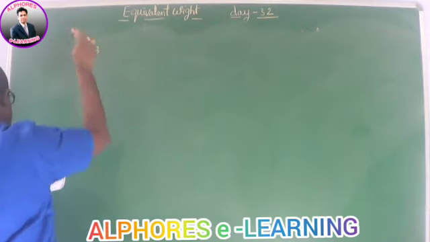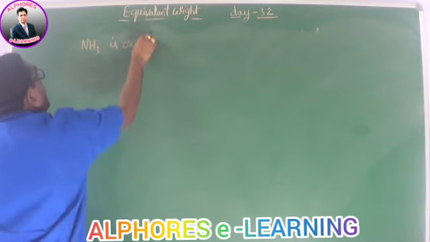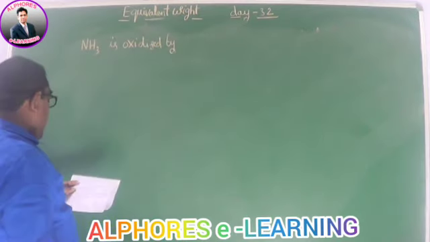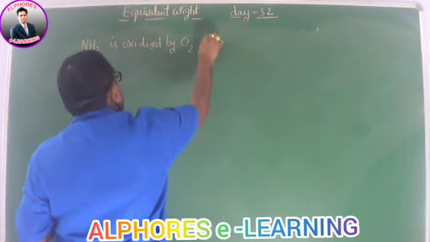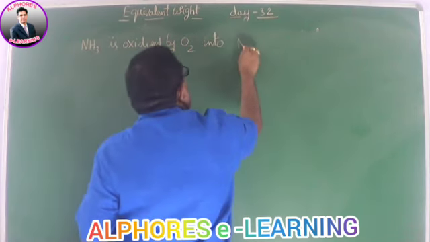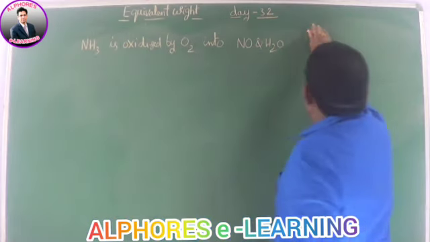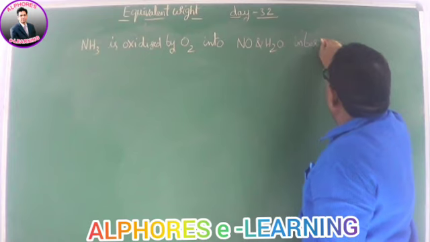Ammonia, NH3, is oxidized by oxygen into nitric oxide, NO, and H2O, let us say, friends, in basic medium.